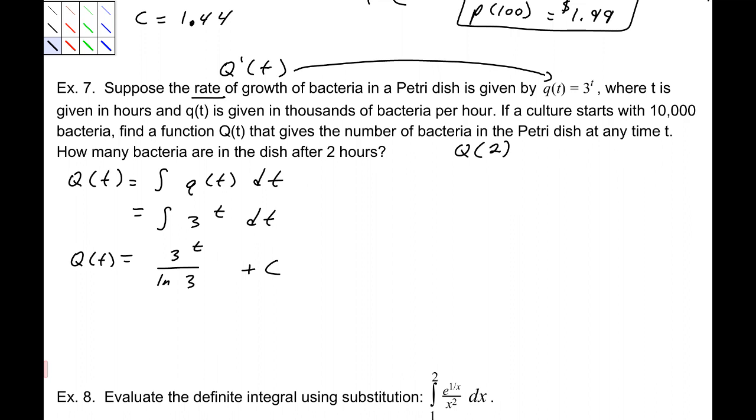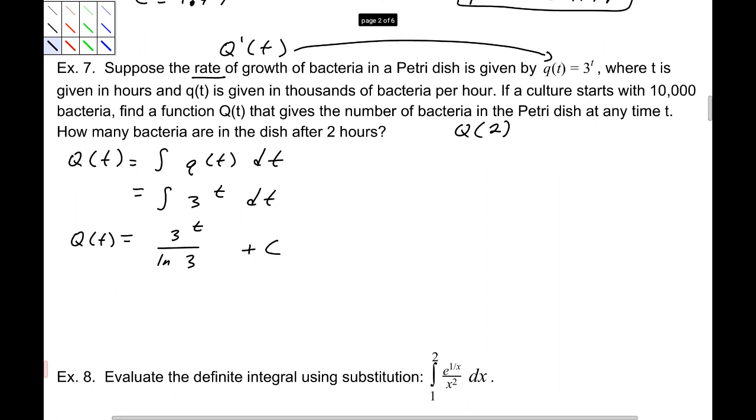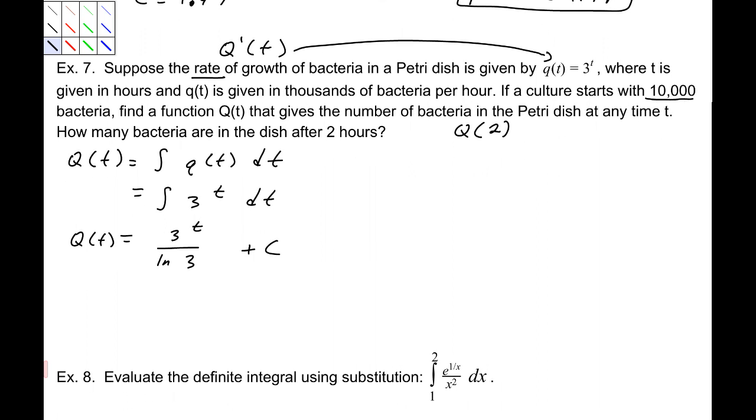Now, to find c, we're given that it starts with 10,000 bacteria. That is a point. This right here is a point: 0, 10,000. So we can plug this in. 10,000 equals 3 to the 0 over natural log 3 plus c.